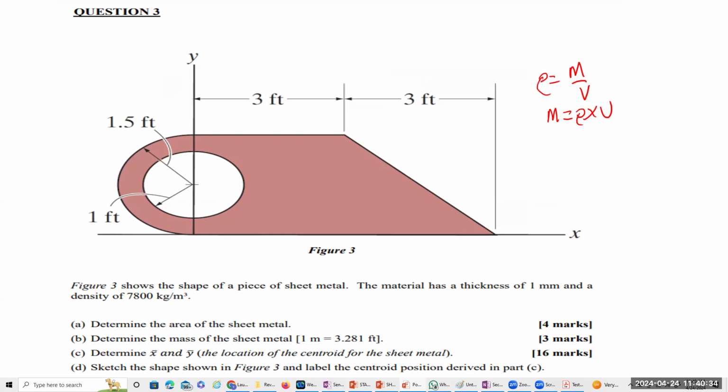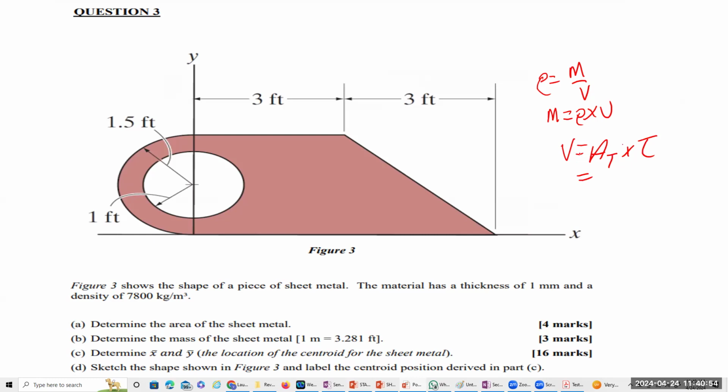It says here, determine the area of the shaded area. What you need to do is to separate it into different regular shapes. Then you find the mass. Once you have the thickness, you can find the mass because you know that volume is area times thickness. So you get the total area times the thickness.